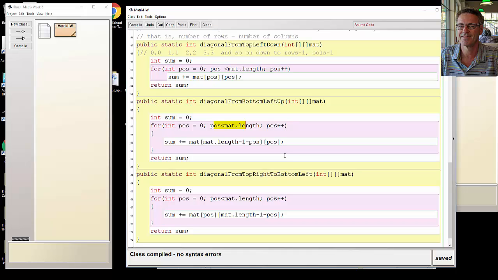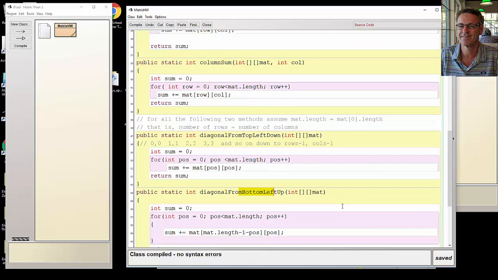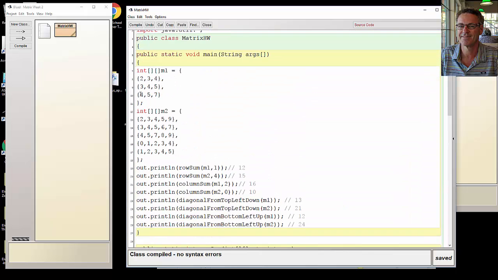And like I said, we can go from the bottom left up to the top right. This minor diagonal can go from bottom left up to top right. Or we could go from top right to bottom left. It's the same diagonal. From top right to bottom left, of course, it's the same thing as bottom left to top right.